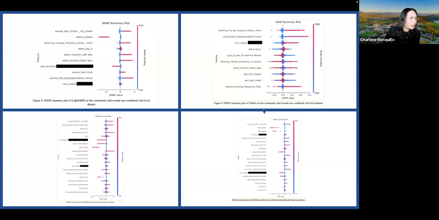You'll see differences across the models in terms of what they pull out as the most important predictor. In this model, called TabNet, clients changing their own dressings daily is a positive predictor of antimicrobial use, whereas in the LightGBM model, wound bed eschar being dry and stable is a positive predictor of antimicrobial use, et cetera.